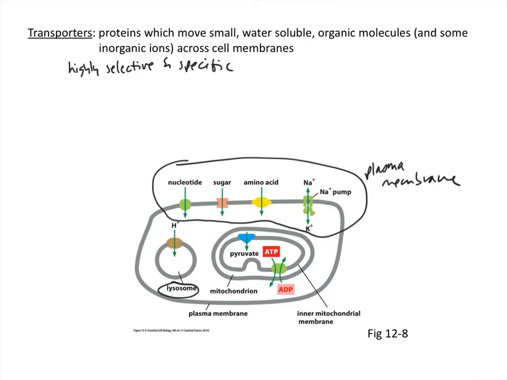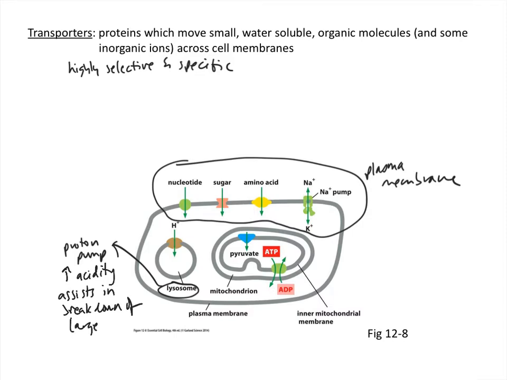That increases the acidity of this compartment, and that facilitates the breaking down of larger molecules, denaturing proteins, things like that. So that's a proton pump in the lysosome, which increases acidity and assists in the breakdown of large molecules.